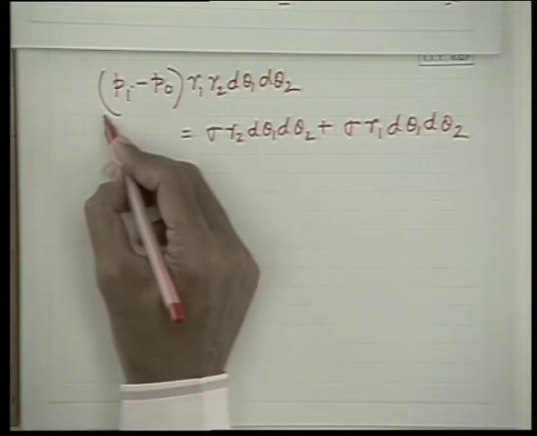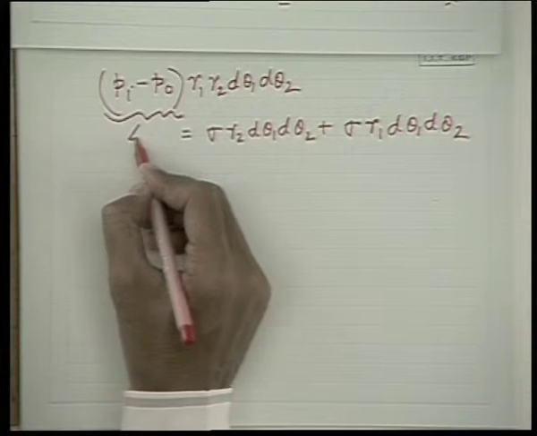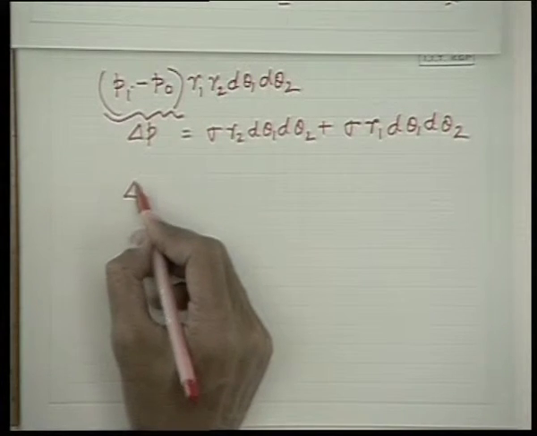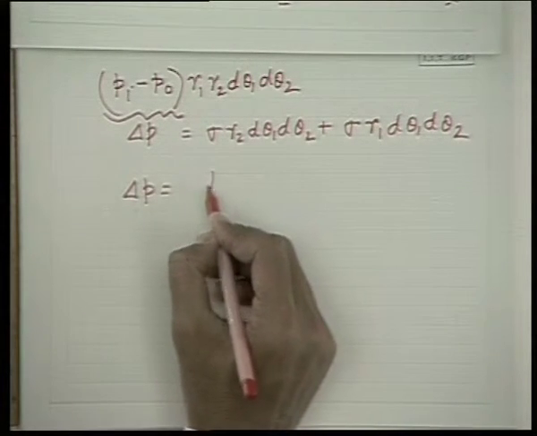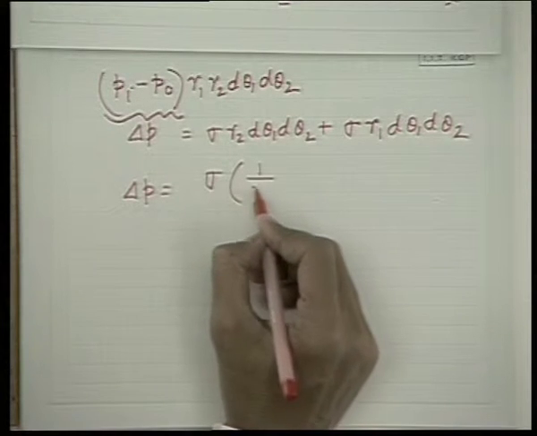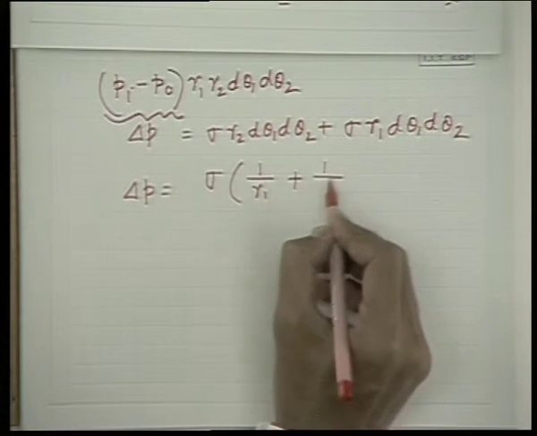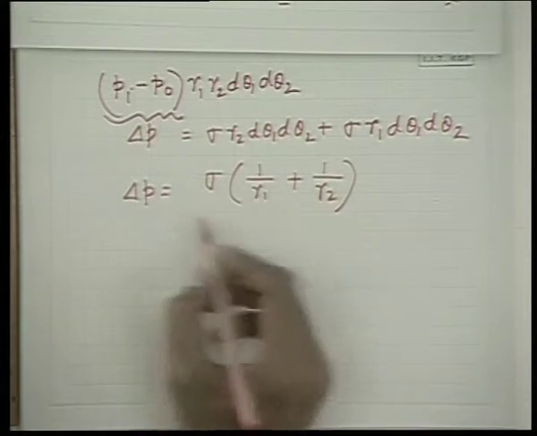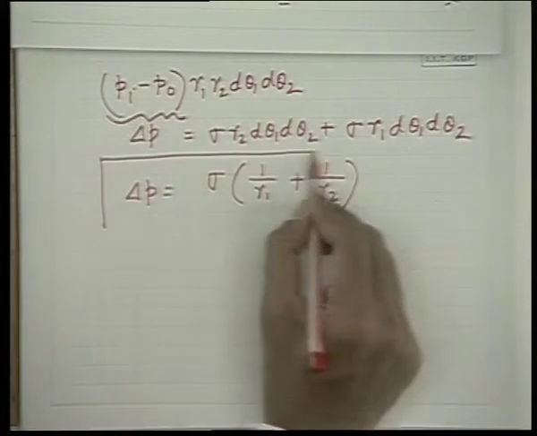So ultimately, if I define delta P as Pi minus P0, we get delta P equals sigma into 1 by R1 plus 1 by R2. So this is a very, very important formula.